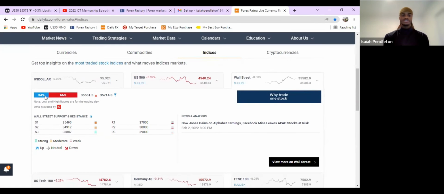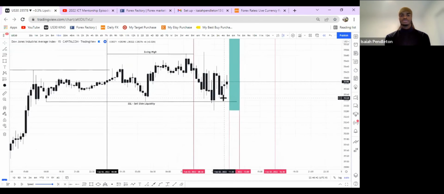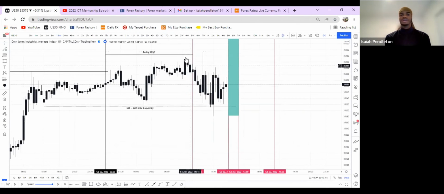So yeah, I'm on the side where 34% want to buy. That's where I'm going. You don't follow the majority, you follow those who are least followed, right? So understanding that, I knew that this move set here was just to get people to go into the wrong direction, right?